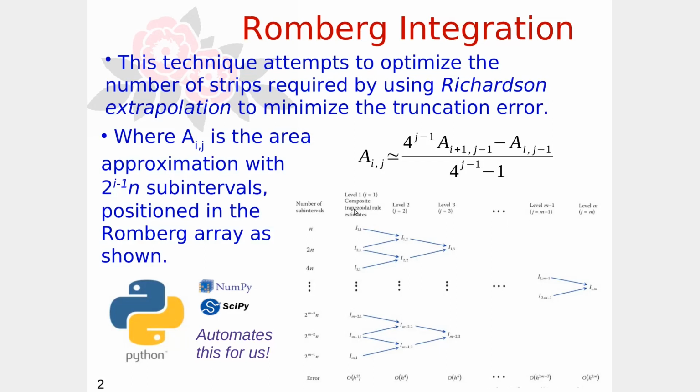And where A i j is the area approximated with 2 to the minus 1 n intervals, positioned in the Romberg array as shown. So here we have the level of integration, and here we have the number of subintervals. What we've just described here is Romberg integration, where we could start off with n, then 2n, then 4n, for instance.